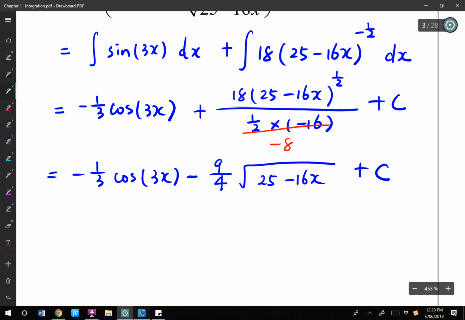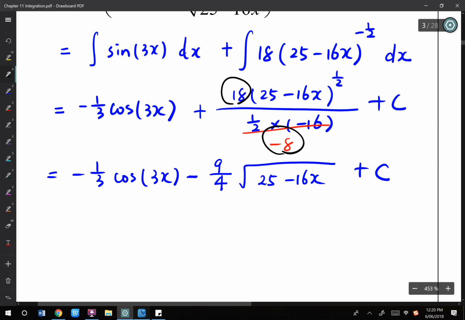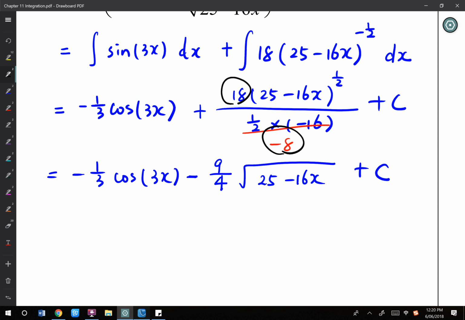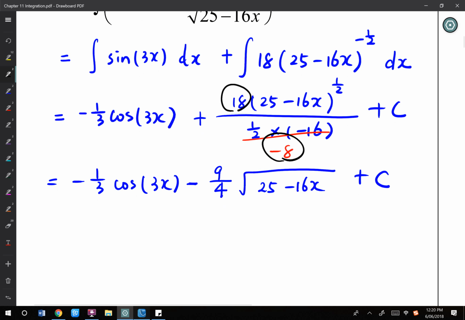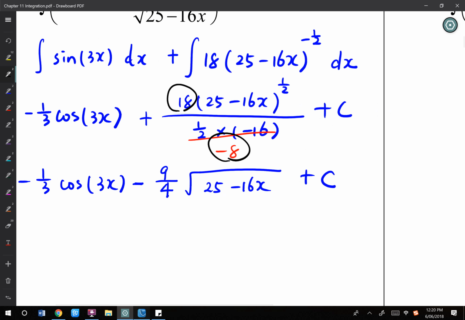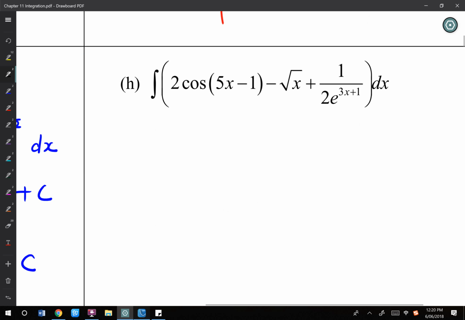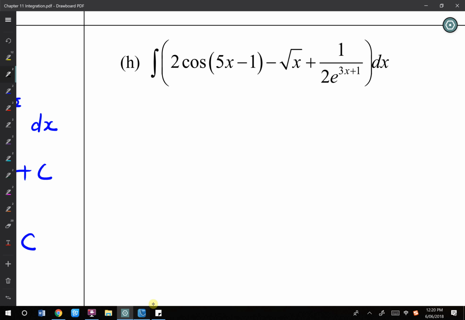The 18 and the 8 get simplified and get 9 on 4. So it's negative 9 on 4 square root 25 minus 16x. Any questions? If no, let's have a look at the next one.